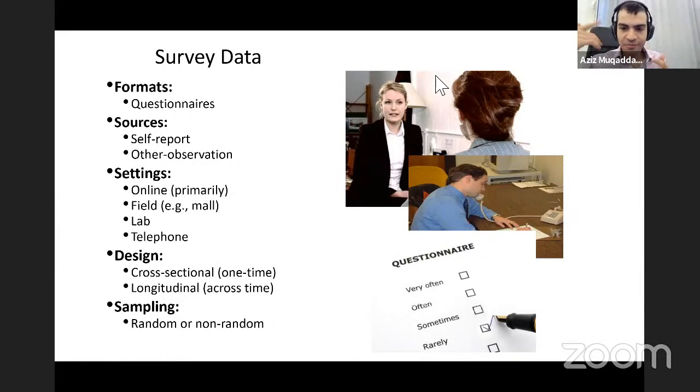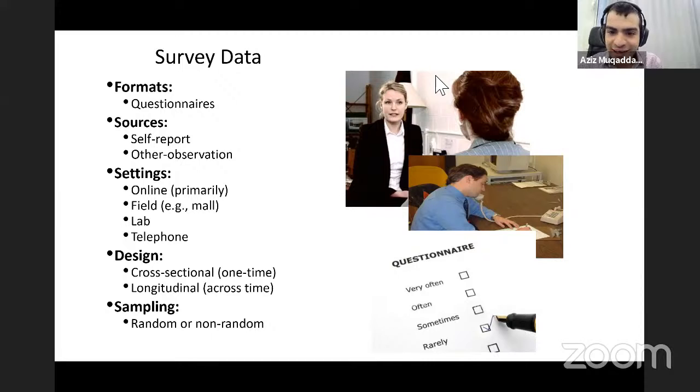Some research could ask you a question and look at how your brain reacts, so you don't have to respond to a questionnaire yourself, but we're not going to cover that in this class because that's too advanced. The sources could be self-report, so I ask you how you feel and you answer, or there's some personality test, or it could be other observations.